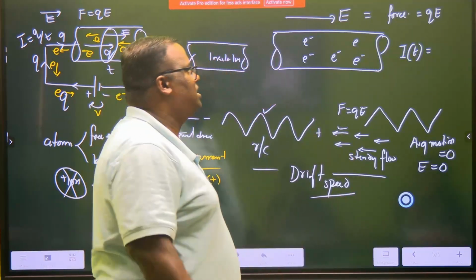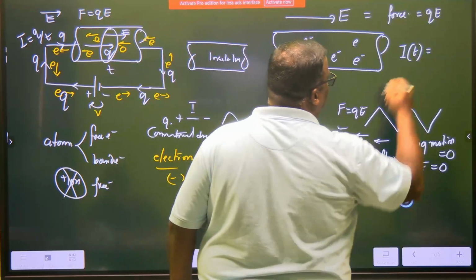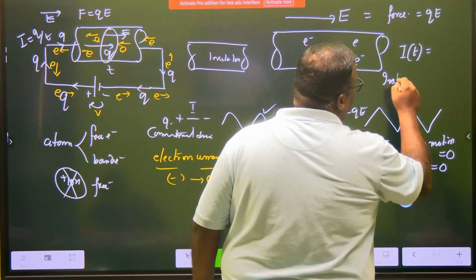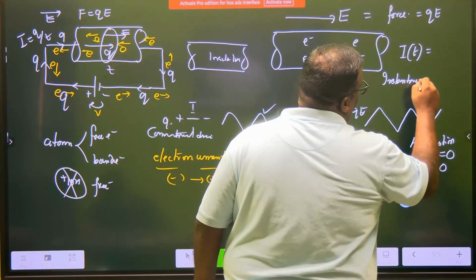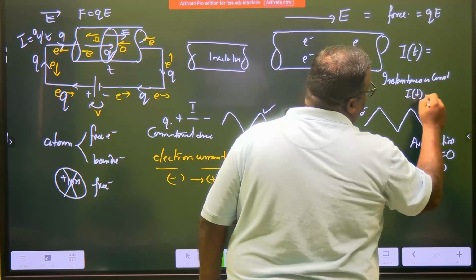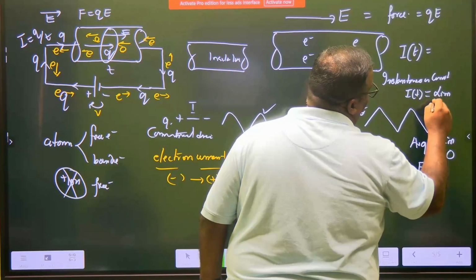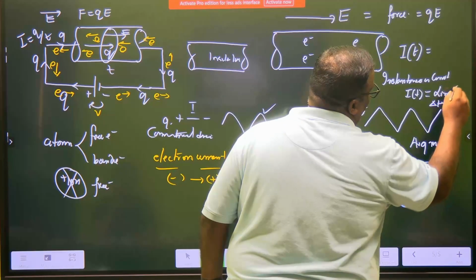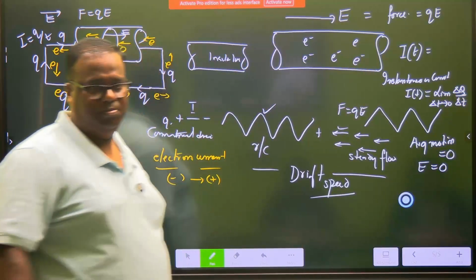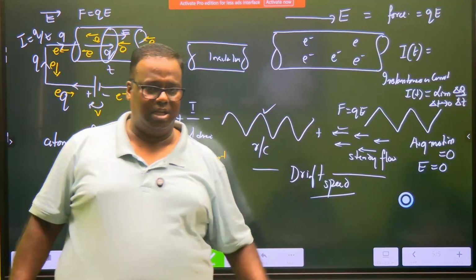In that case, how should I define current? So in that case, I define what is known as instantaneous current. Current at an instant t is given by the limit of delta t tending to 0, delta q over delta t, for a very small instant. That is instantaneous current.